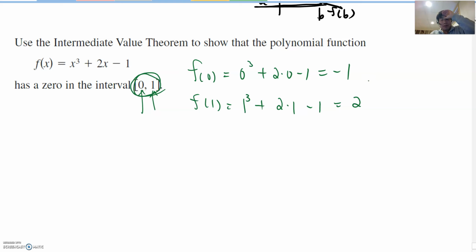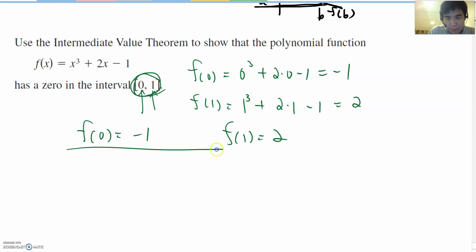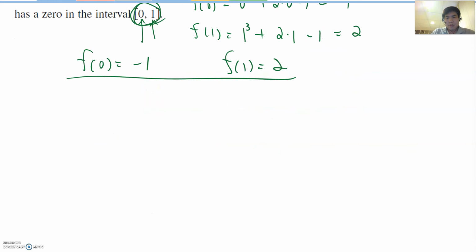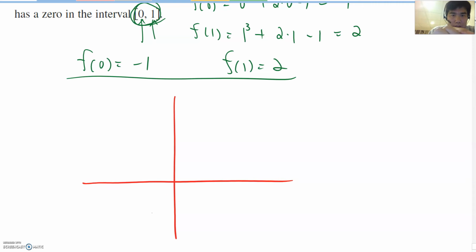So now f(0) becomes negative 1, f(1) becomes 2. Even though it may not be an accurate graph, if I indicate on the number line, then 0, negative 1 right here, 1, 2 right here, something like this.